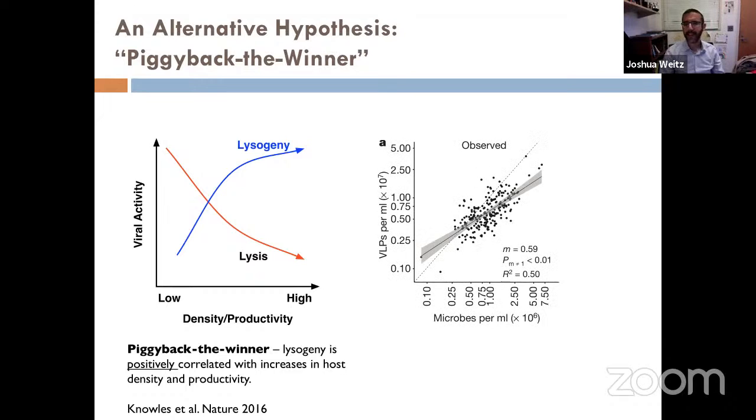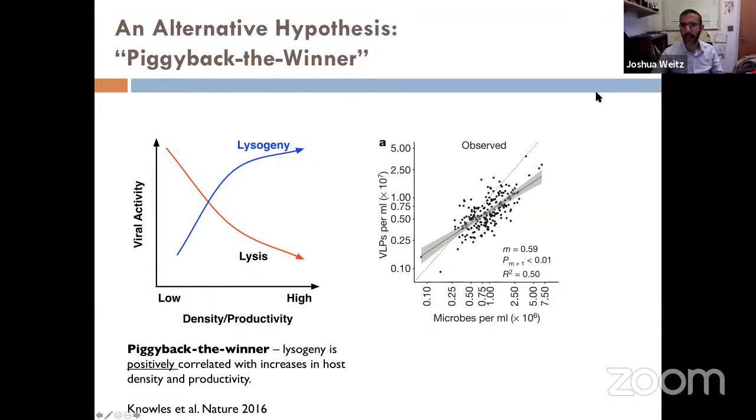And this was meant in part to explain patterns between virus-like particles, viruses, and microbes in ocean systems. This is one particular example where you have viruses on the y-axis, microbes, bacteria, largely on the x-axis, log scale.